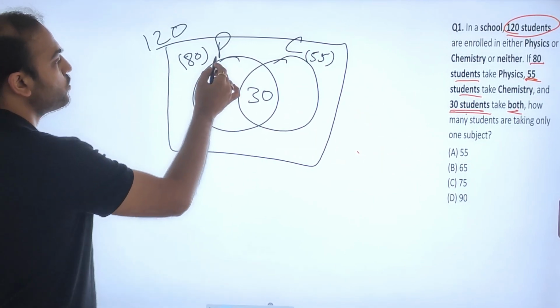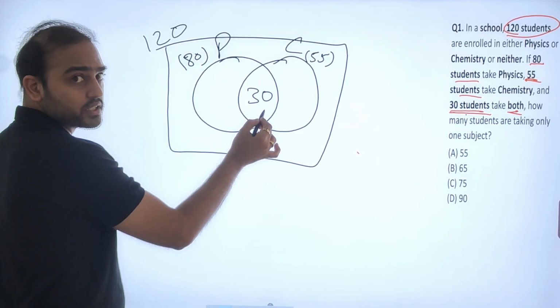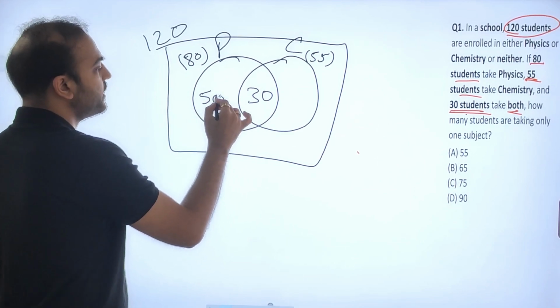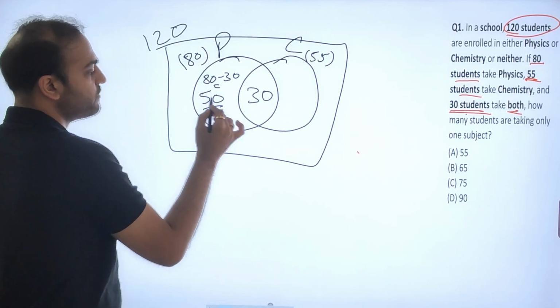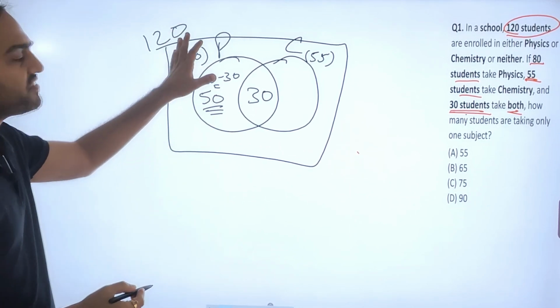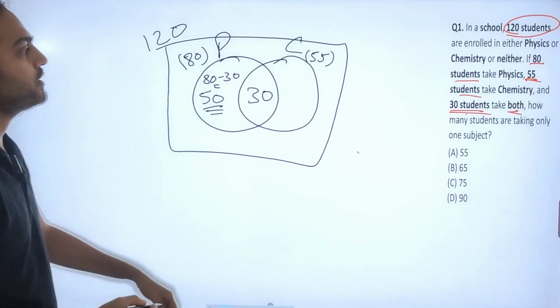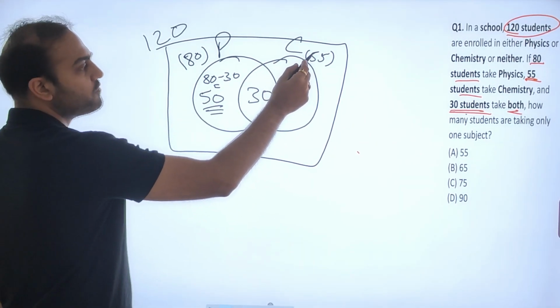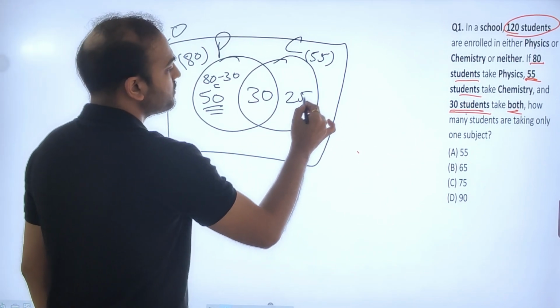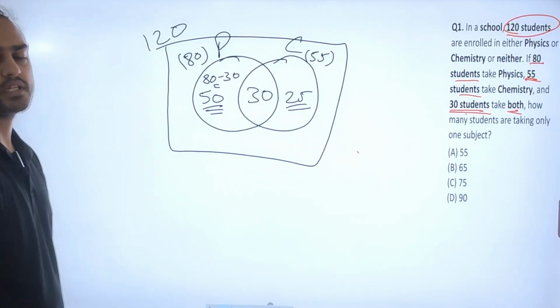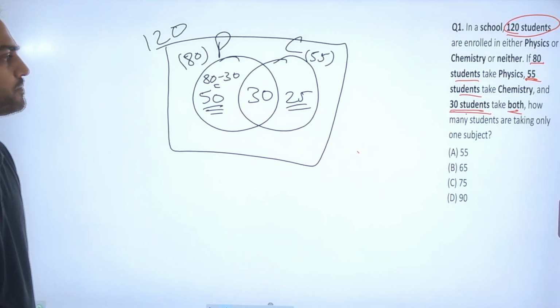Total physics is 80, out of which 30 are already here. That means the remaining 80 minus 30, 50, will come here, who study only physics but not chemistry. Similarly, 55 people study chemistry, 30 study physics also. So the remaining 25 will study only chemistry.